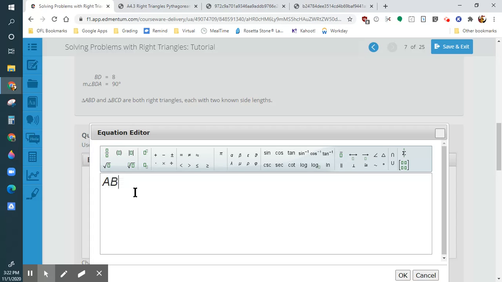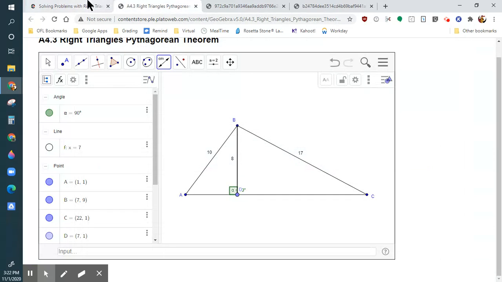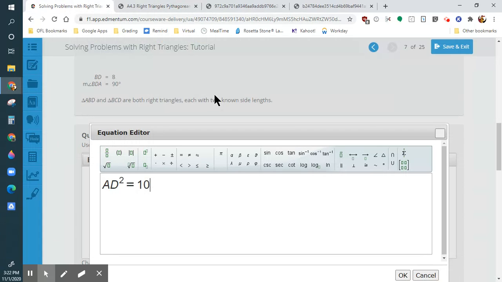So if we're doing this, we're going to do AD squared equals 10 squared minus 8 squared, which would end up being AD squared equals 100 minus 64.